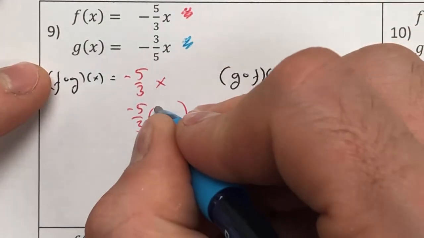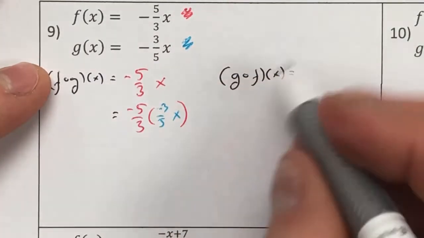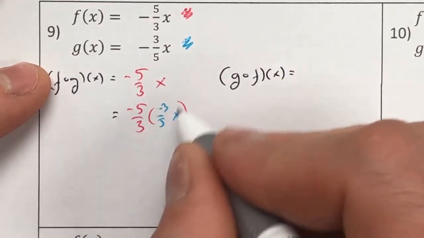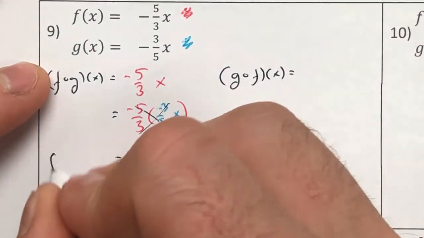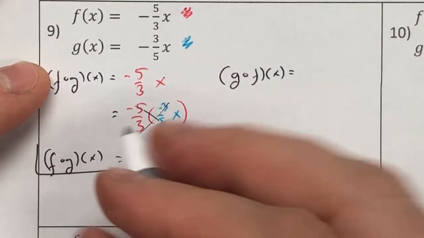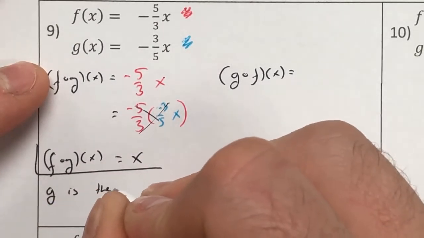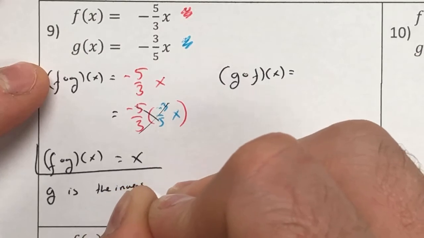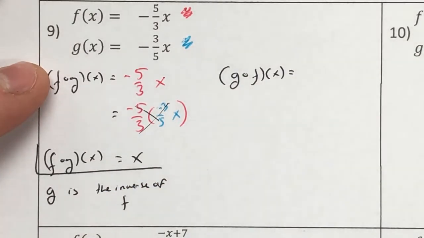So let's see, that is negative 3/5 x. Awesome. This looks like it works out pretty well. The negatives cancel out, the 5s and the 3s, so I'm just left with a positive x. So g is the inverse of f.